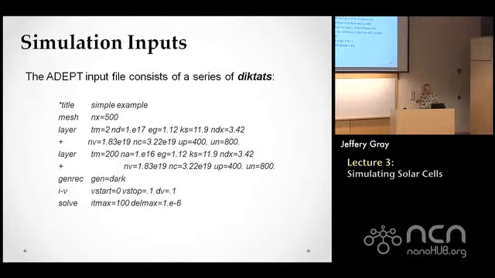You've probably already seen a typical input. ADEPT basically doesn't use a GUI, although you could write a GUI to generate this type of input file. It's basically just a simple set of commands that describe the device and the material properties of each layer or each region in the device.